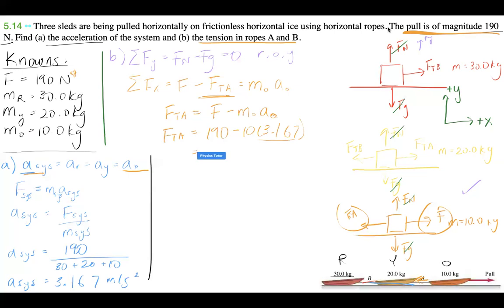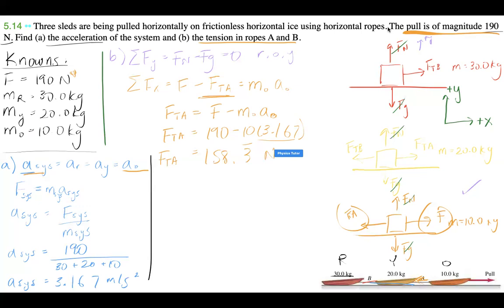That's what I'm going to be doing, because you can just store your answer in your calculator. And what I get now is that FTA is equal to 158.33 newtons.